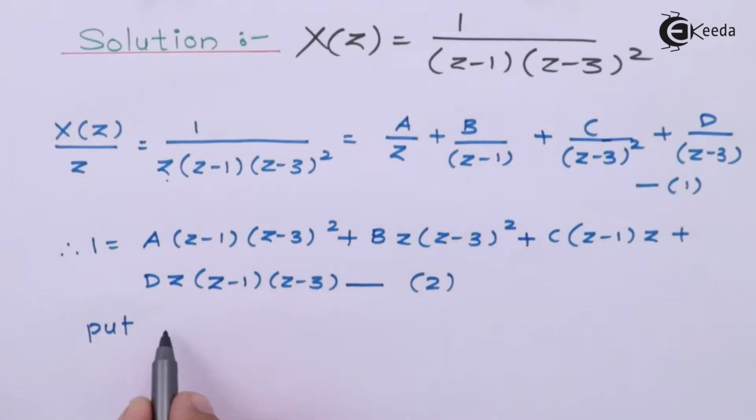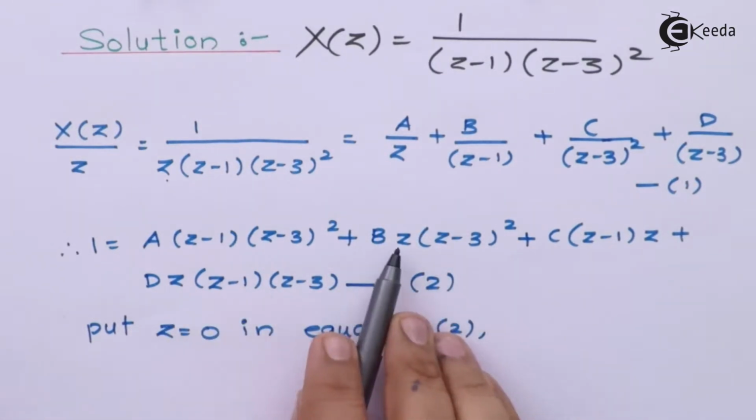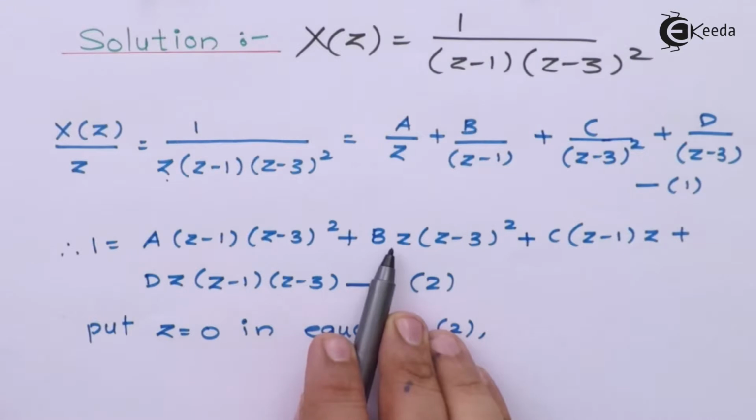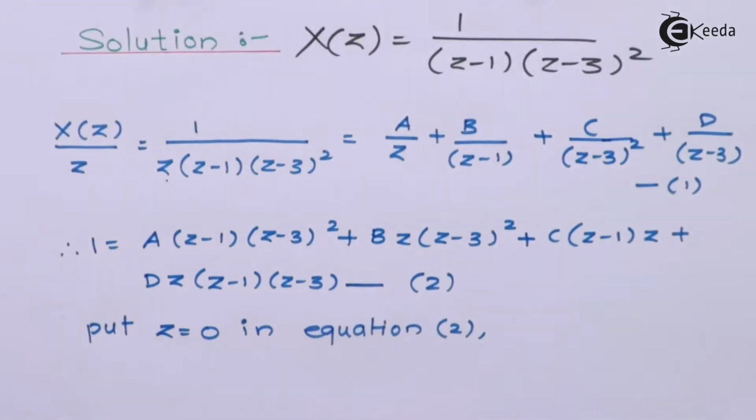Now we are going to put z equals 0 in equation number 2. Just look at here, in B, in C and in D, in all these 3 terms we have a z value, and if that z is replaced by 0, then the whole product will give us a value 0.